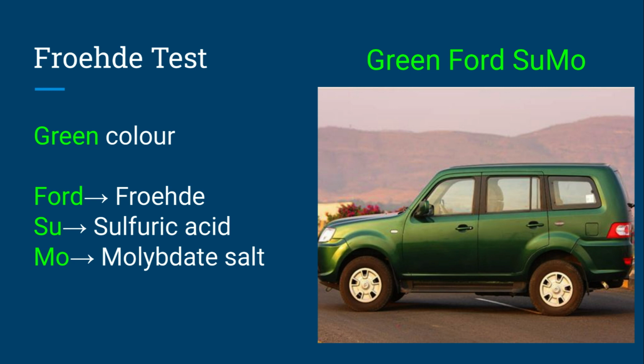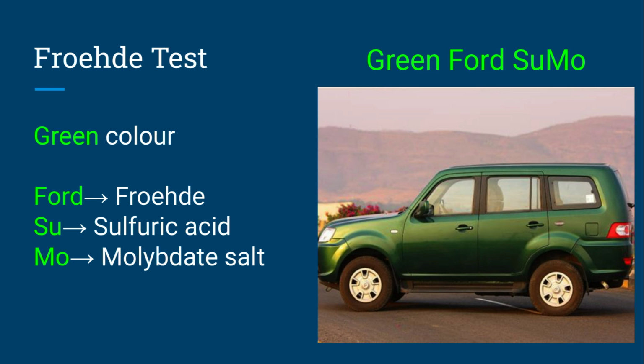So, a green color Ford Sumo car helps you to remember all about the Froehde test. Green: end point is green color. Ford: Froehde test. Su of Sumo, sulfuric acid. Mo of Sumo, molybdate salt.